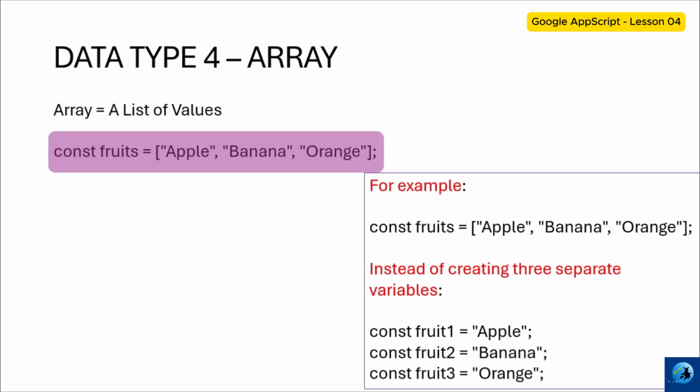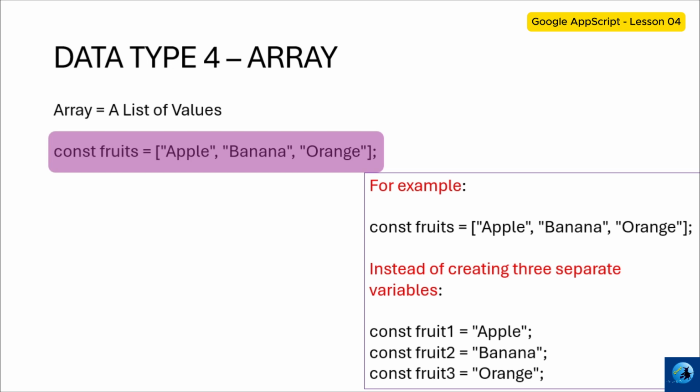The fourth data type is an array. An array allows us to store multiple values in a single variable. For example, we have created a variable called fruits, and we have assigned multiple values: apple, banana, orange.